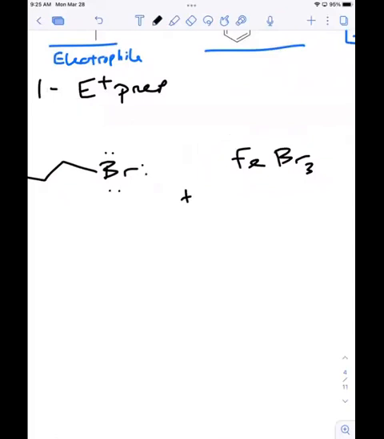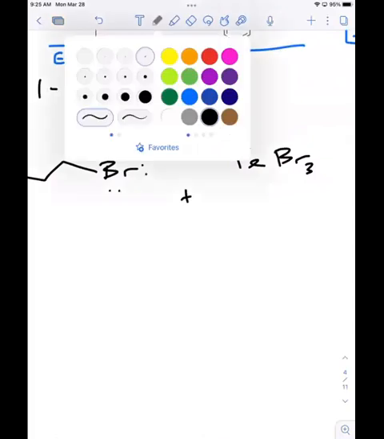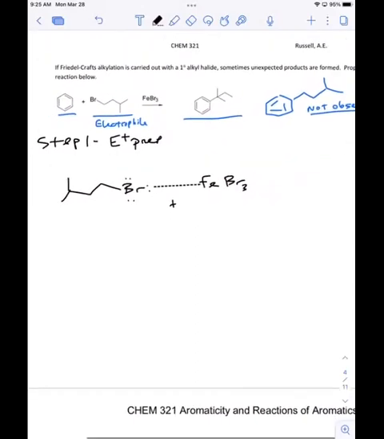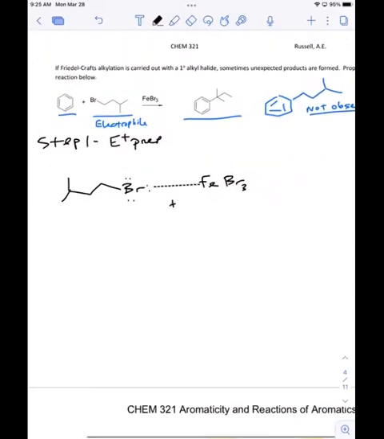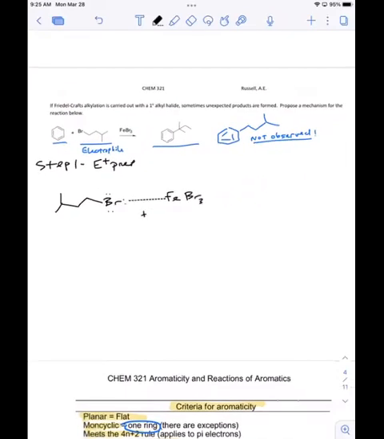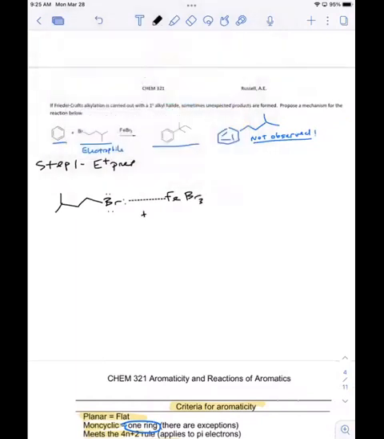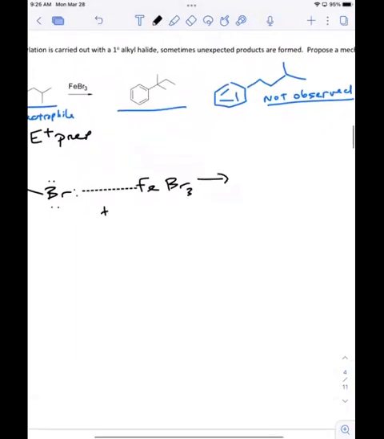Coordinate covalent bond. You're going to make a coordinate covalent bond between them. All right, so it's going to be a bond here between these two. Now you can see right away what this is setting up for. When I pull off that bromine, which is going to be extremely slow because the cation that you're making is horrible. Right?